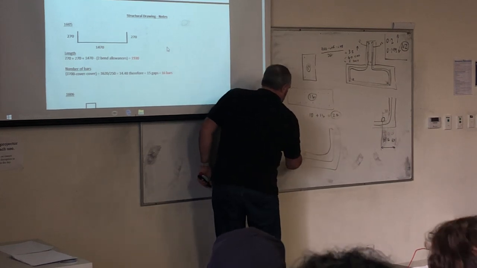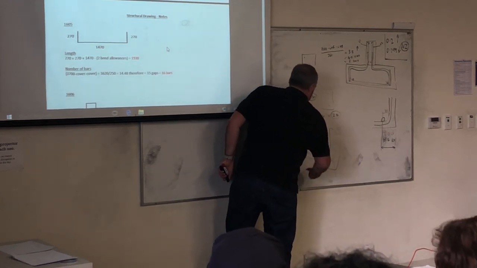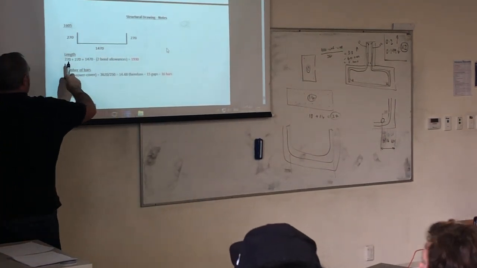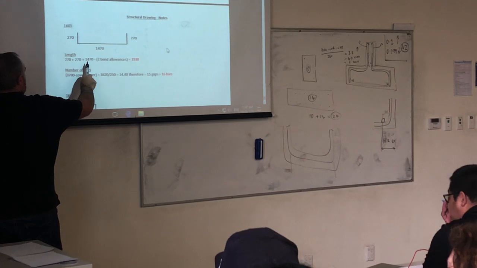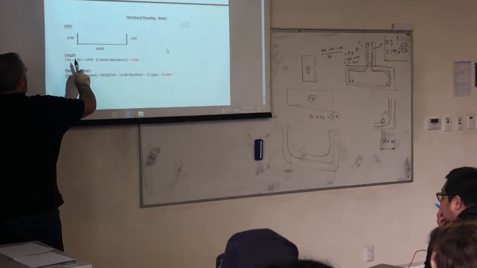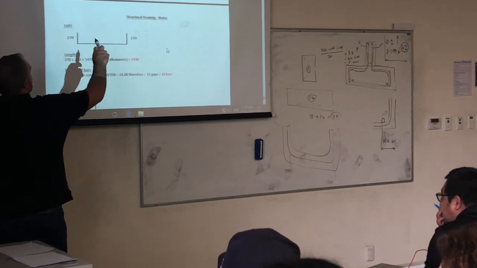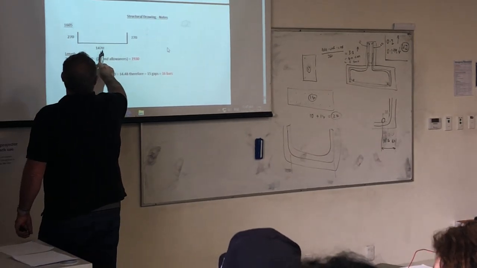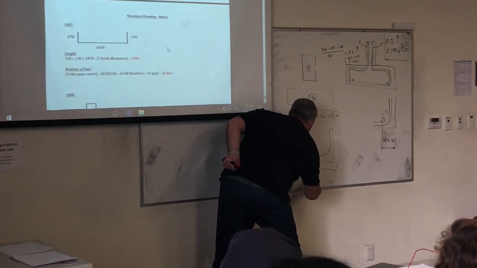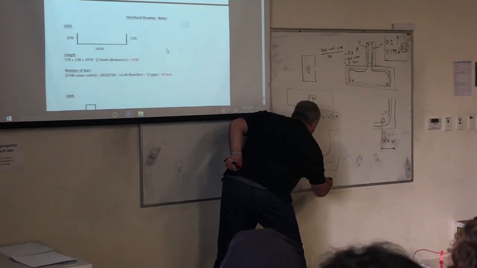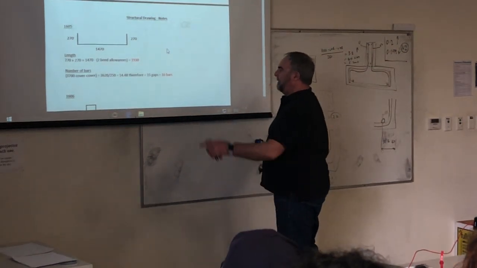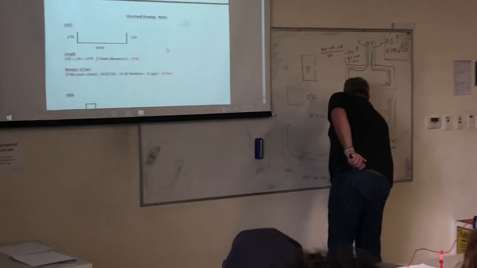So the outside dimension of the bar, 1470, is going to be derived from 1550 minus 40 minus 40, which equals 1470.